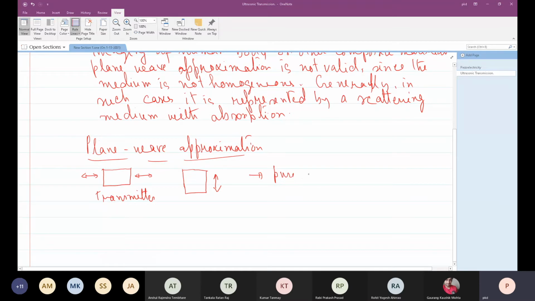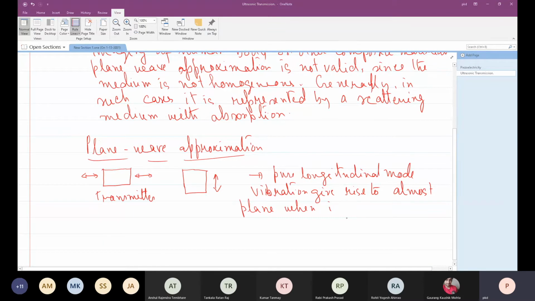Pure longitudinal mode vibration give rise to almost plane wave when impinging medium is homogeneous.